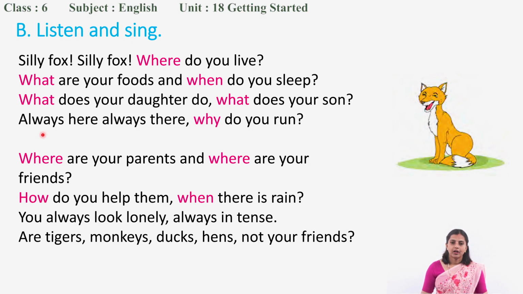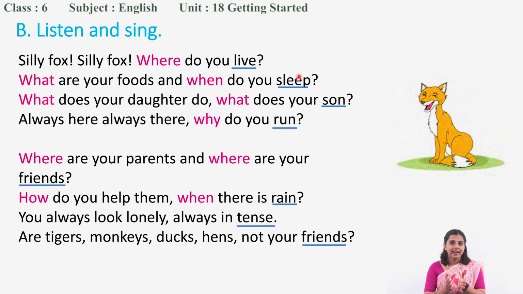Yes. Leave, sleep, sun, run, friends, rain, tense, and then friends. These are the rhyming words. So what is the rhyming scheme, can you say? You forgot?